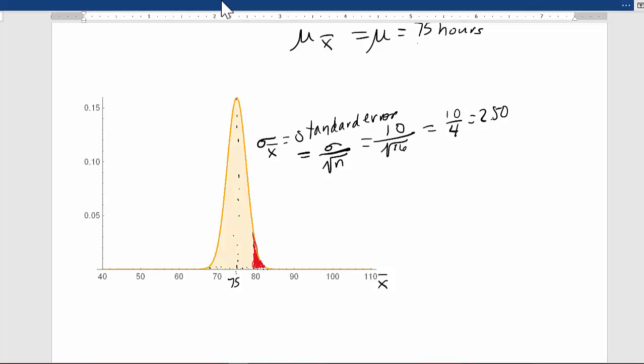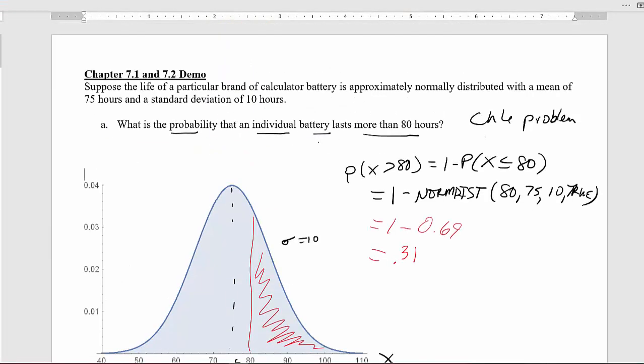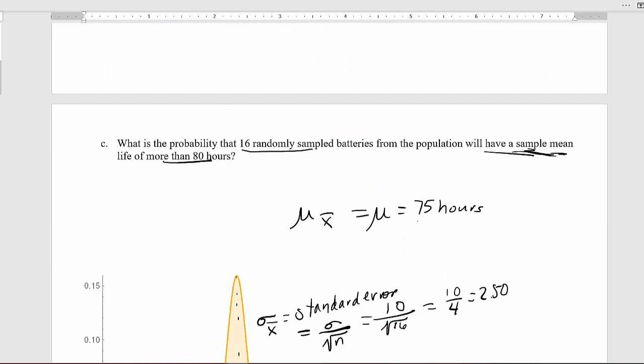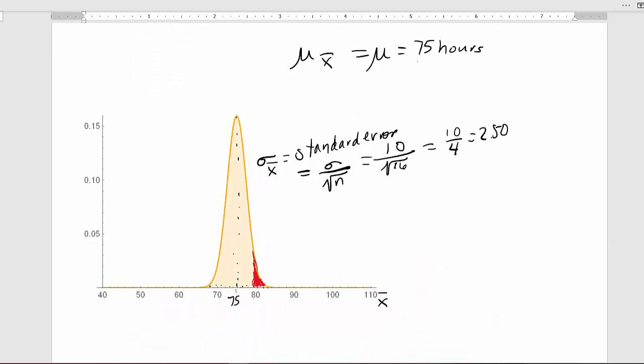An individual battery can have quite a large chance of being above 80. But when we're averaging 16 batteries together, there should be a much lower chance that those batteries averaged together should have this high lifespan. So how do we calculate this?